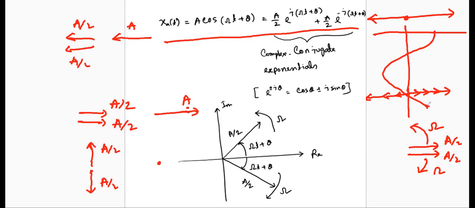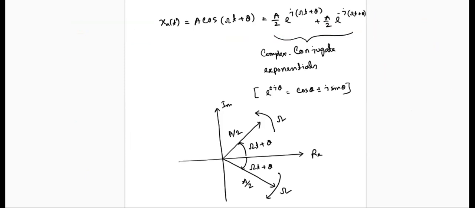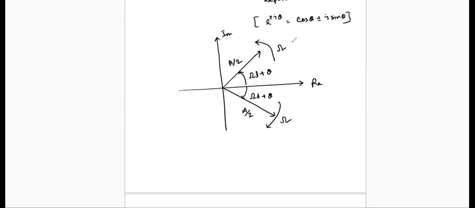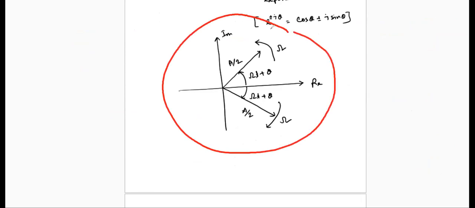Of course, the cosine signal and sine signal are both known as the sinusoidal signal. That has been described here with this diagram. So in a single diagram, we can represent those things.